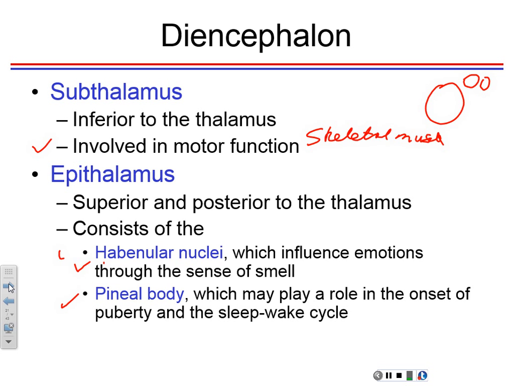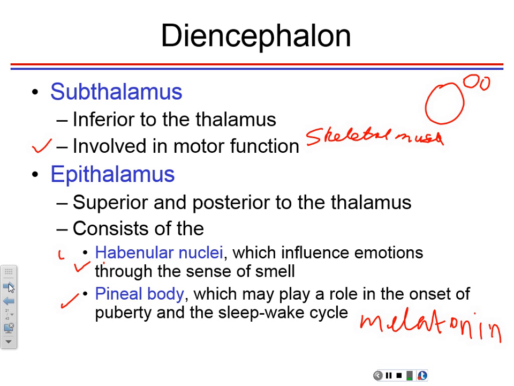And then the pineal body, what it does is that it produces melatonin. I think I talked about this when we talked about the endocrine system. Remember, I said melatonin is usually a sleep aid, and sleeping pills contain melatonin. So that's why the pineal body is involved in the sleep-wake cycles. Okay.